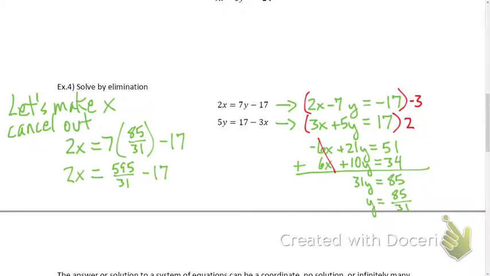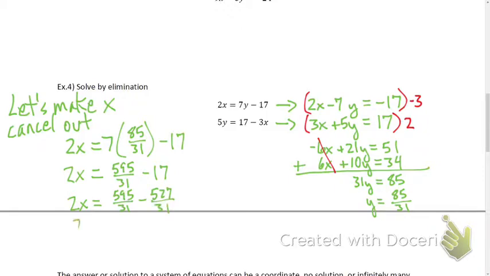So if you were to type that top line, 7 times 85 divided by 31, it'll give you that fraction. If you were to type minus 17, it'll handle that as well. There's no need to mess with getting a common denominator, a 31. That's no fun at all. But if you want to, multiply by 31 and you get 527 over 31.